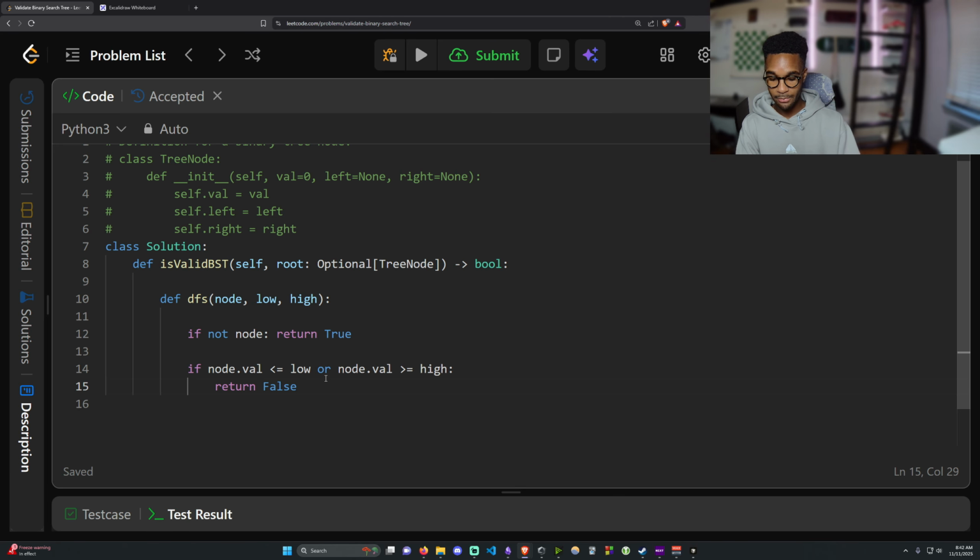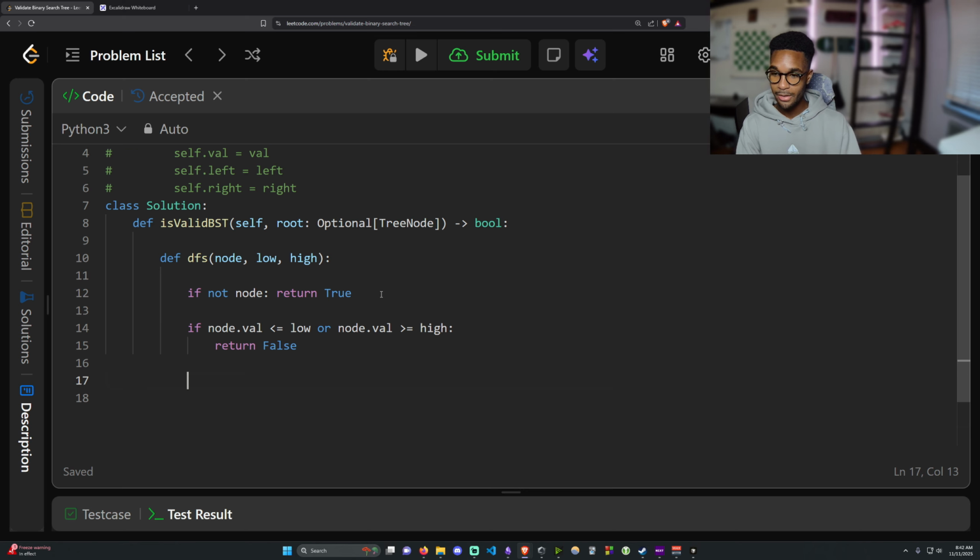All right, so now we know each recursive call either reaches the end of the subtree and returns true, or it hits this if condition and returns false, which means it violated the binary search tree invariant. So we want to call that on the left and right subtrees. We're going to say left equals DFS, and we're going to call it on node.left to check the left subtree.